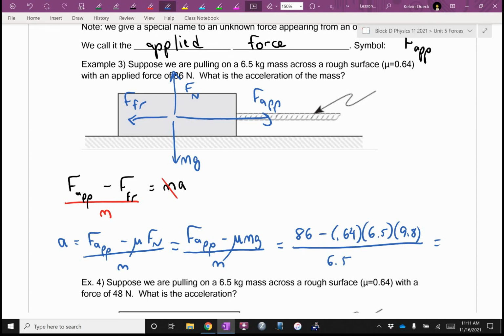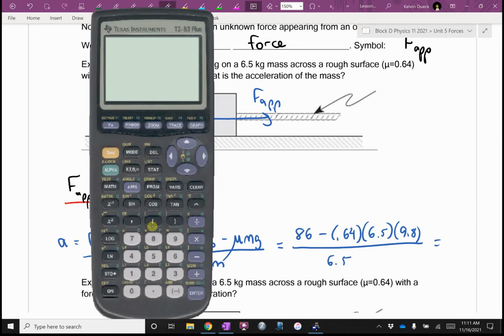Dan, what'd you get? I don't think so. Is this a fraction? Did you put the top in brackets? Bracket 86 minus 0.64 times 6.5 times 9.8.